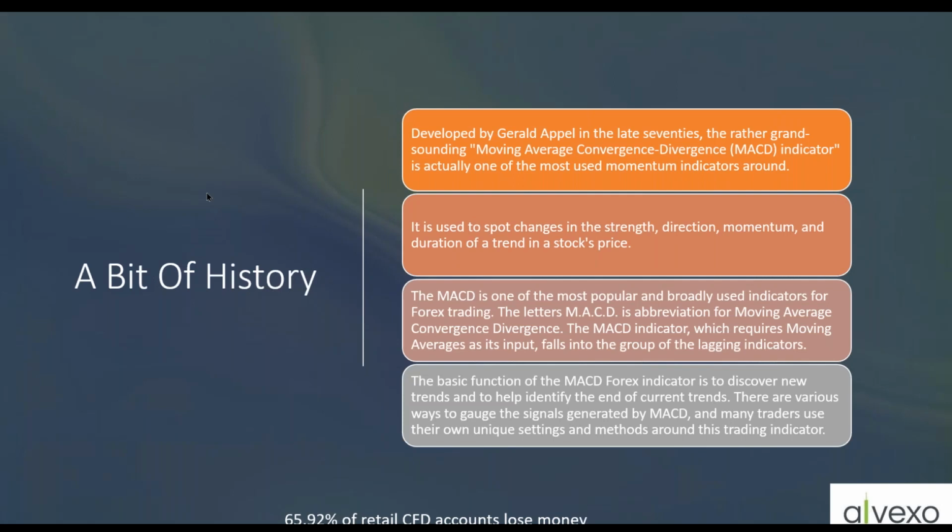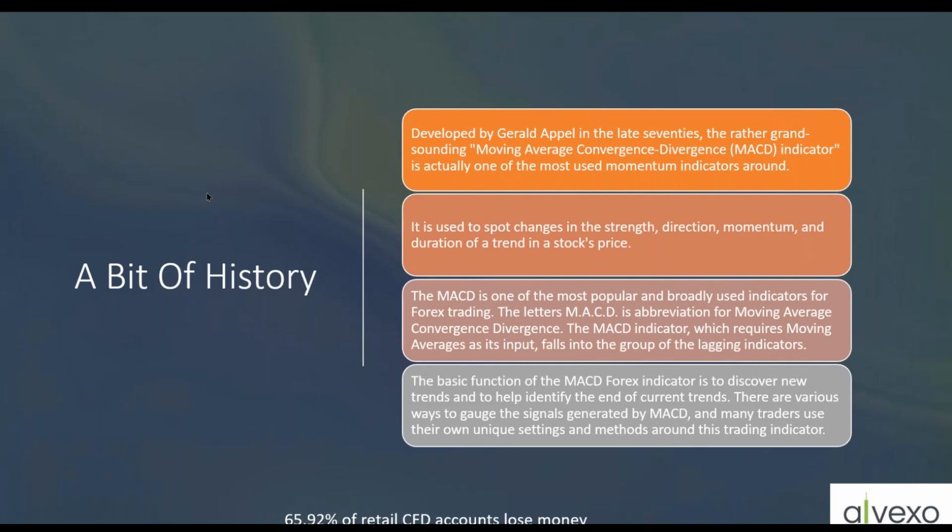Their calculations aren't short enough that it helps us in our type of trading, because we're trading in short-term markets and we need very flexible and very responsive indicators. So MACD helps us spot changes, or originally to spot changes in strength, direction, and momentum, and the duration of a trend of a stock's price.